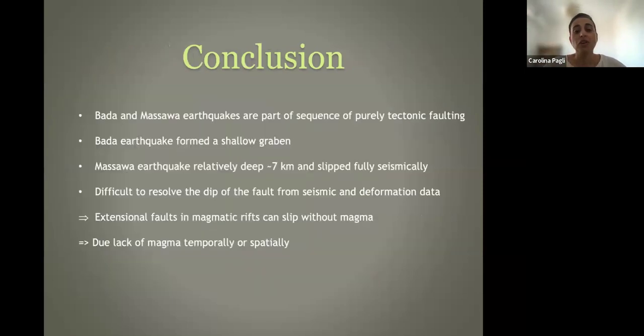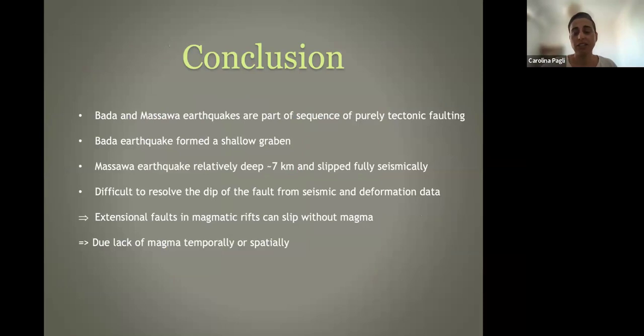So what I want to conclude about this sequence is that both Bada and Massawa are part of a sequence that was purely tectonic. Bada formed a shallow graben, and we saw it.